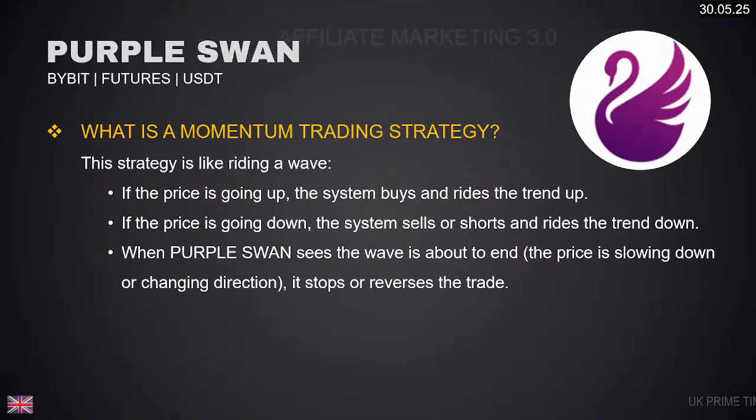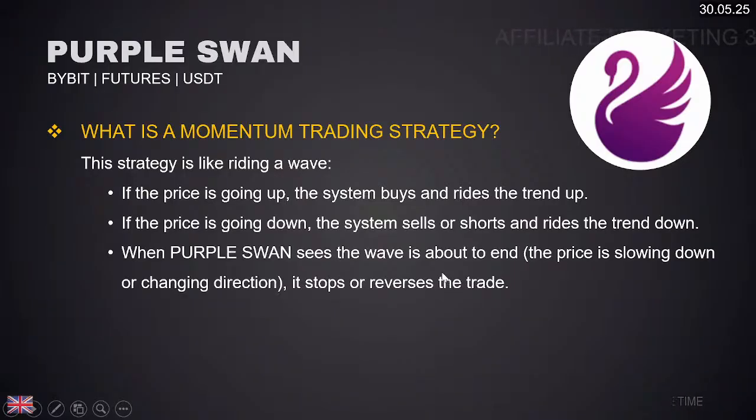It tracks the movement, and if the movement is upward and then suddenly goes downwards, it tracks that, and it sells or shorts and rides the downtrend. When Purple Swan sees the wave is about to end, the price is slowing down or changing direction, it stops and reverses the trade.